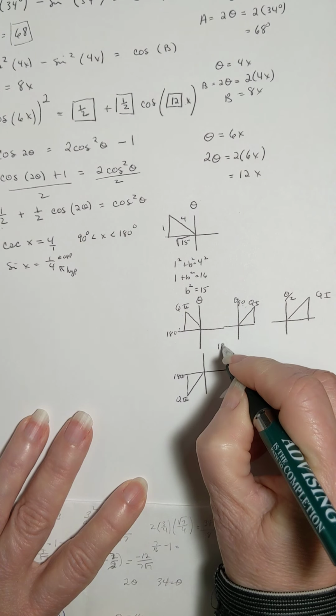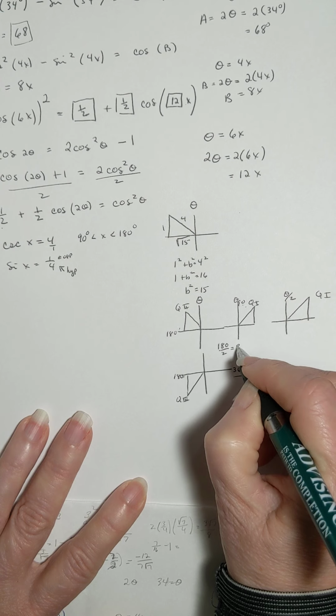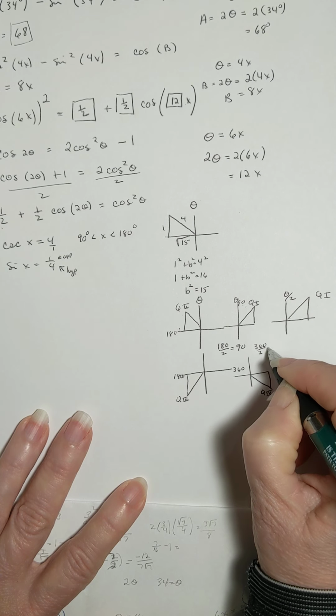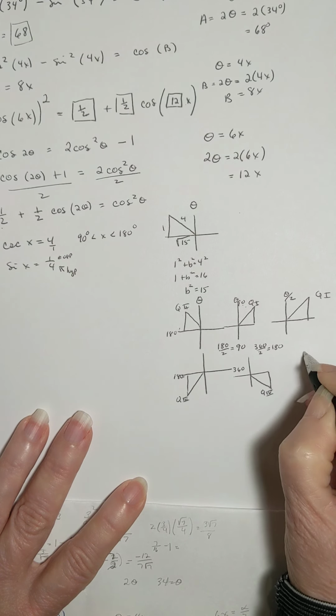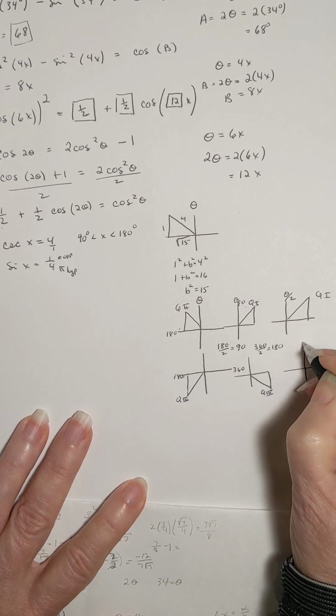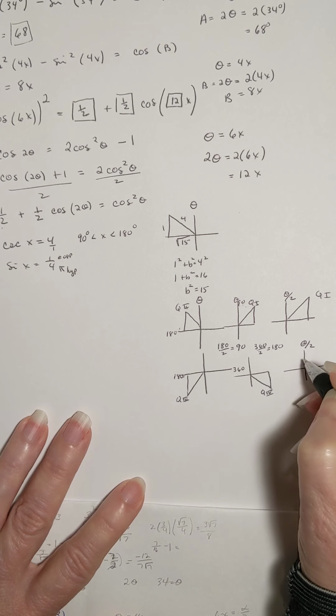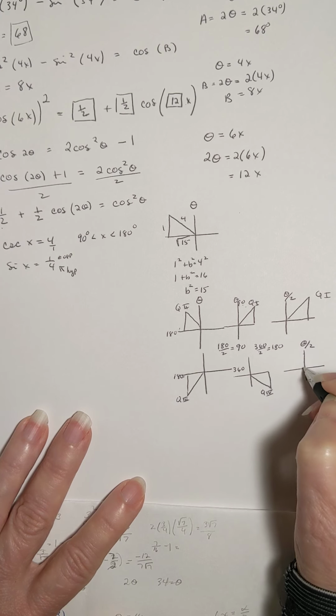So 180 divided by 2 gives me 90. And 360 divided by 2 gives me 180. So that means theta over 2 is going to be between 90 and 180.